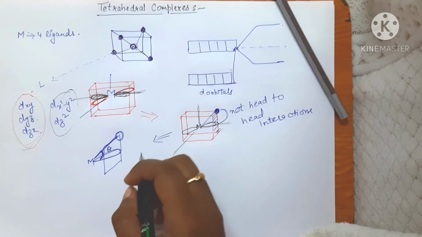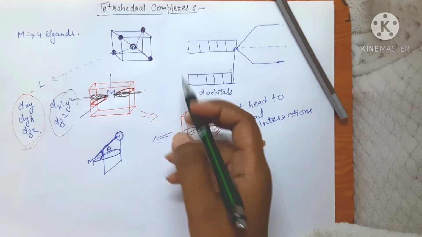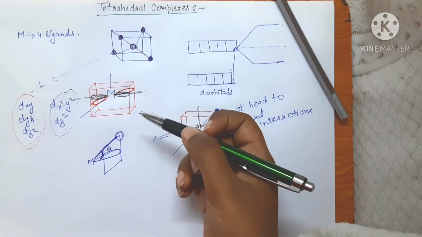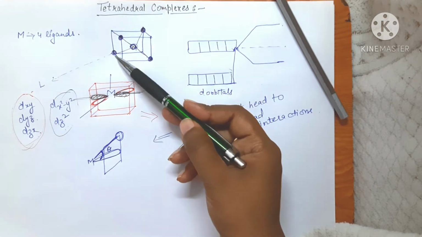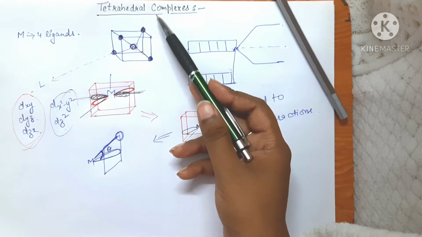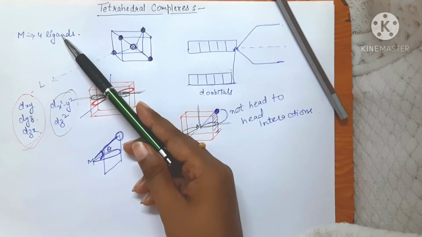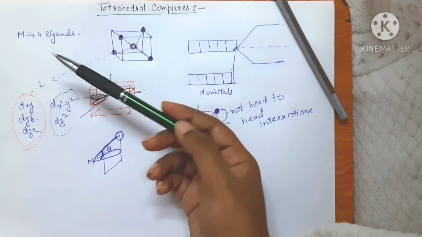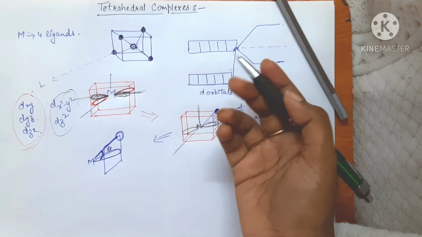Also there is one more reason, that is, the number of ligands is less. In octahedral complexes, the number of ligands which attach to the central metal is 6, and in tetrahedral complexes 4 ligands are going to attach. So this is actually the next topic.